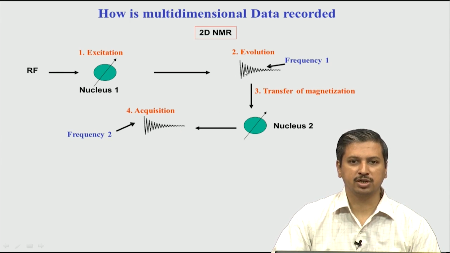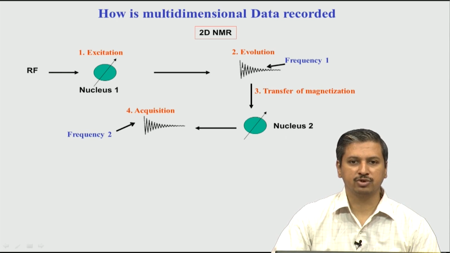Now, what has happened is that when this is evolving, the intensity of this evolution at whatever time it transfers to this is captured in this FID. So, this FID, although it has only the oscillations of nucleus 2, also has the information of nucleus 1, because when nucleus 1 was evolving, during that period it transferred the magnetization to nucleus 2.